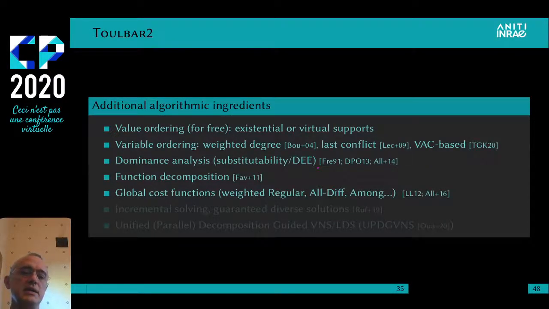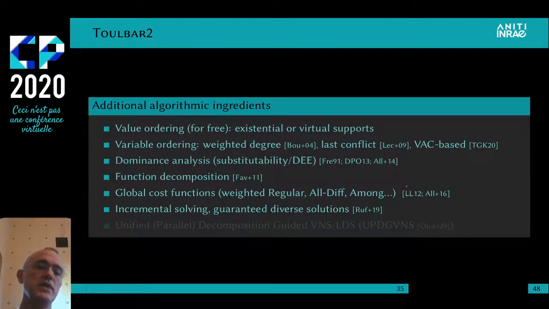You have global cost functions, the equivalent of global constraints but with cost, like weighted regular, decomposable or non-decomposable ones based on flow algorithms, thanks to a collaboration with Jimmy Lee and his students in Hong Kong. You have incremental solving and guaranteed diverse solutions, the work of Manon Ruffini, especially useful for protein design.